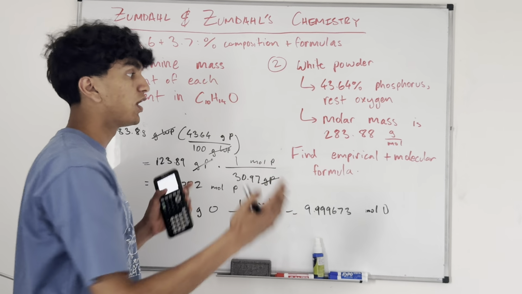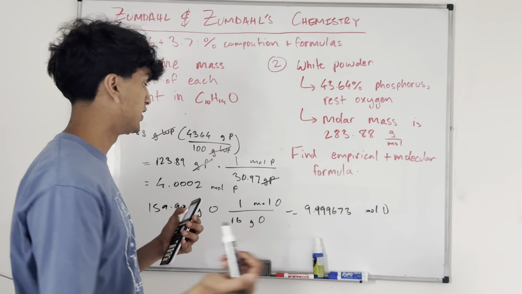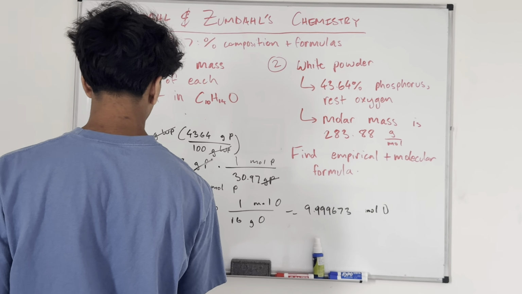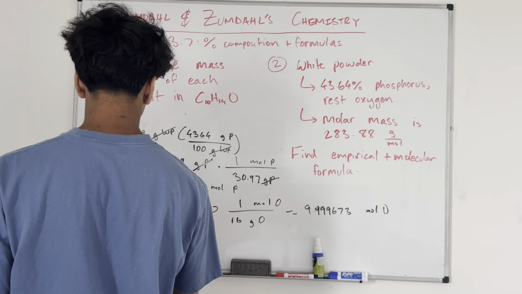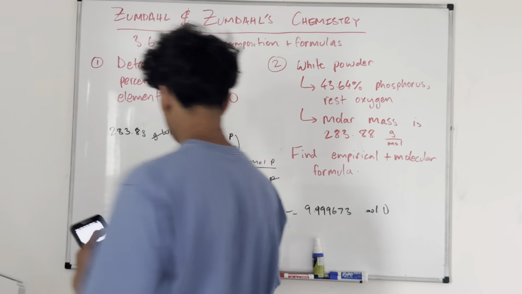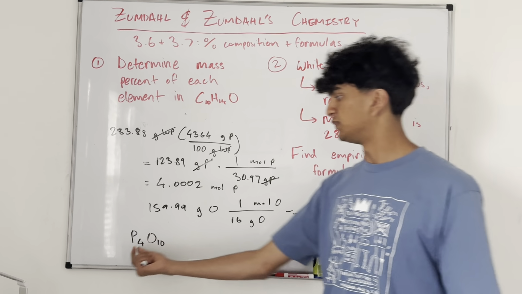So to make 1 mole, let me do this. P4O10 is what I have. I have 1 mole of P4O10.